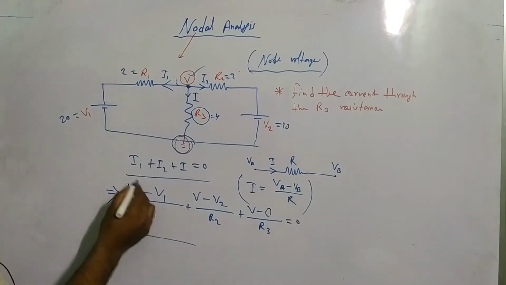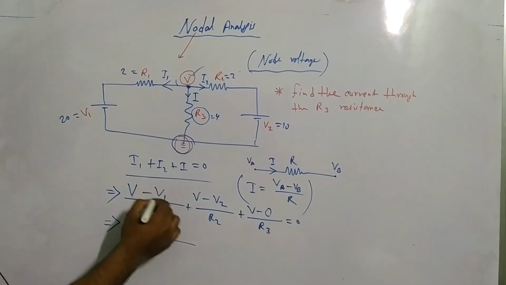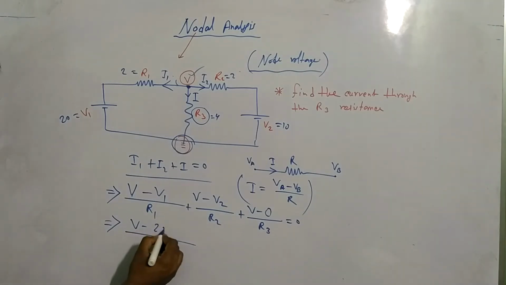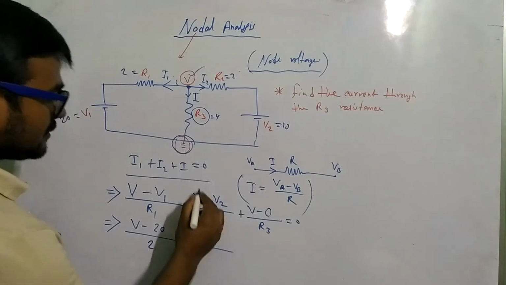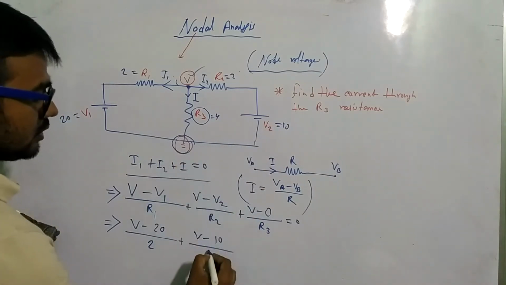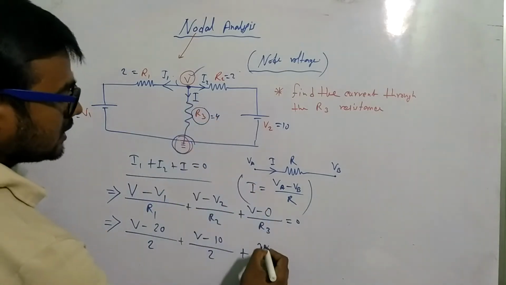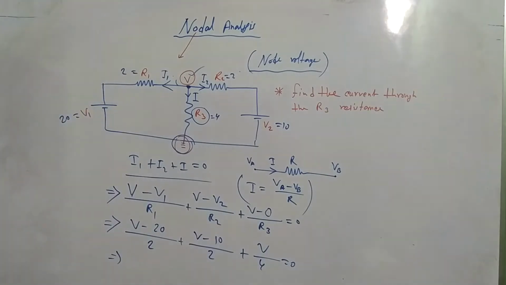Okay, put the values. So V1 is 20, R1 is 2, plus V minus V2, which means 10, R2 is 2, plus V by R3, which means 4, equals 0. If I solve this equation, I get the value of V.